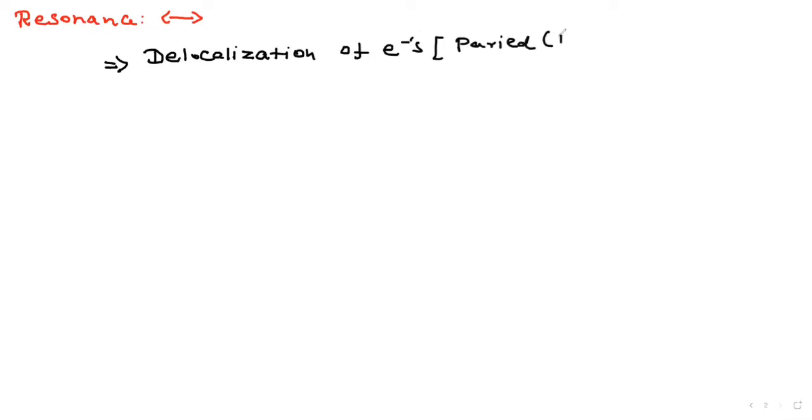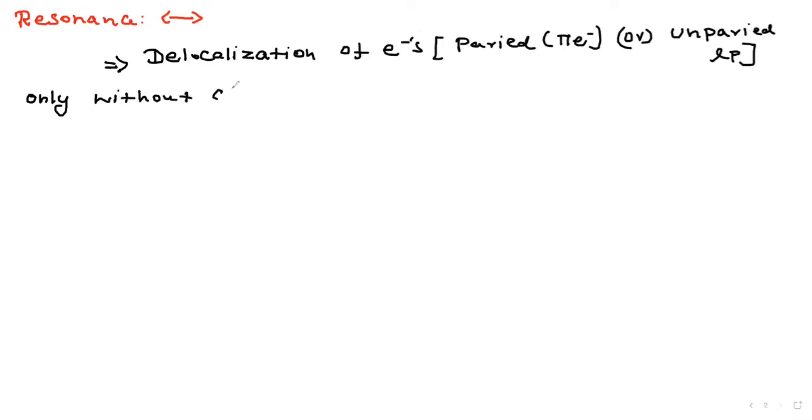It is the double-headed arrow. Resonance is the delocalization of electrons, which are pi electrons or lone pair electrons, without changing the position of atoms.